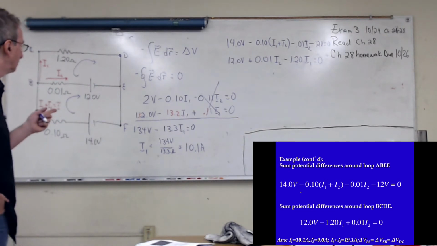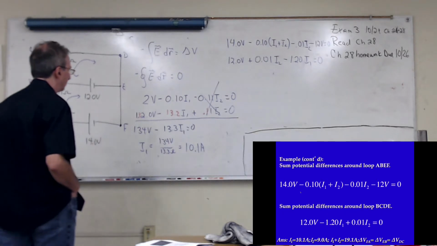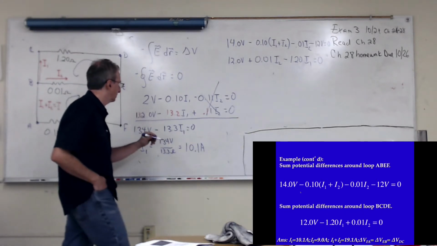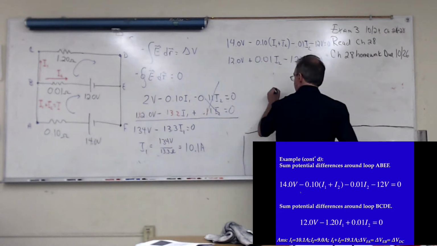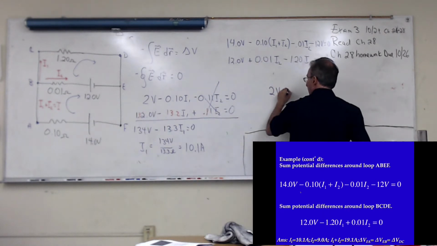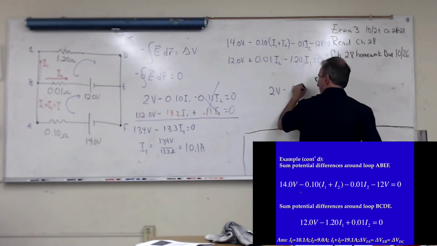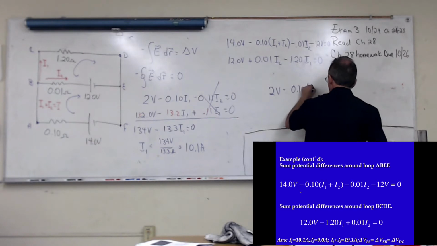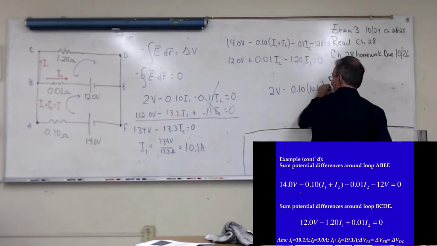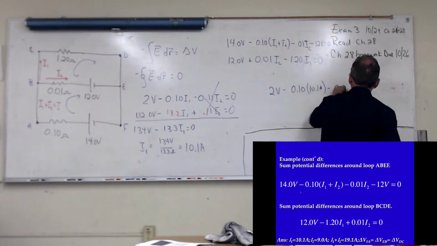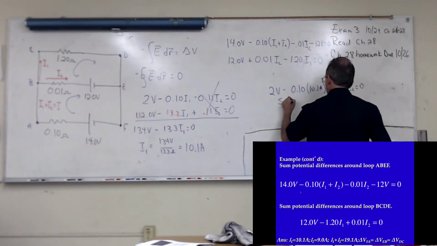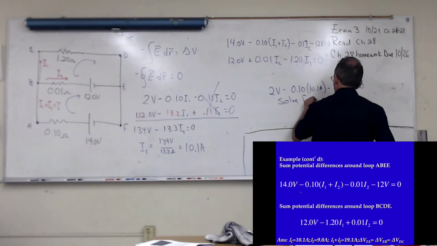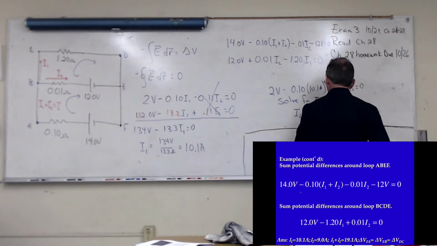And then I2, how do I get I2? Well, I just go back into this equation. Yeah, and you plug in I1. Yeah. And you get I2 is 19.1 amps.